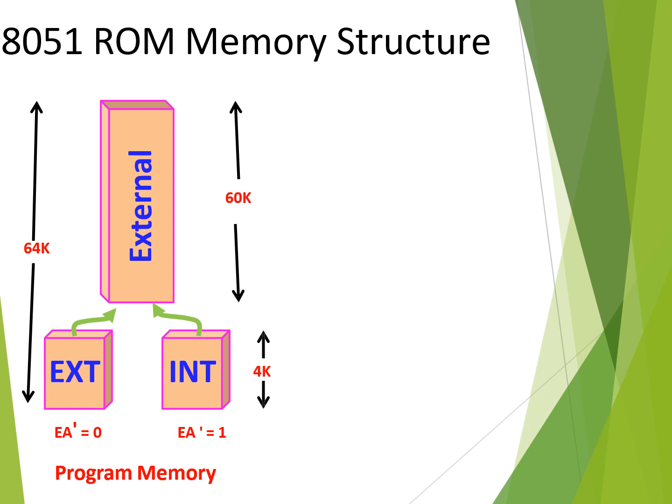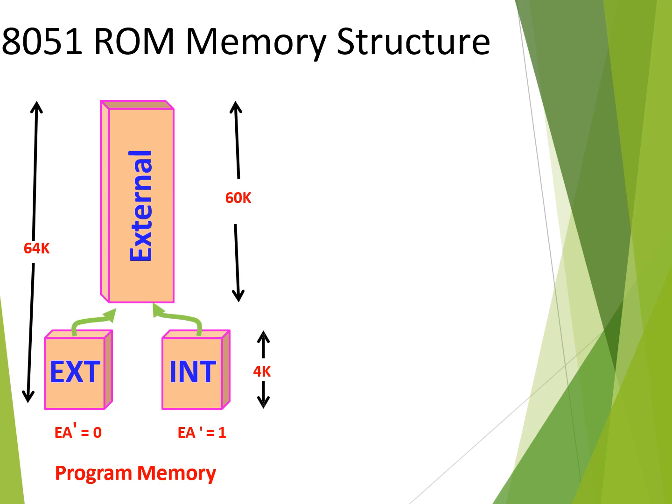The first way, the 8051 microcontroller can use the 4 kilobytes of internal ROM, and the remaining 60 kilobytes it can use from the external memory. This is the first condition. In the second condition, your 8051 microcontroller can discard the internally available 4 kilobytes of ROM and the entire 64 kilobytes of ROM it can use from the external memory.